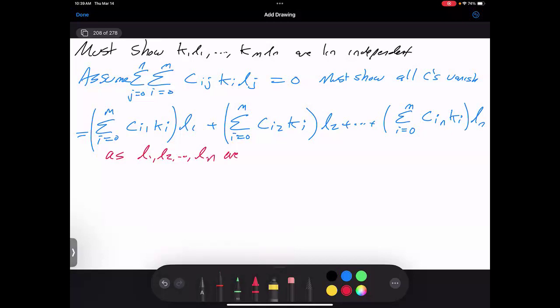Ln linearly independent, the only way a linear combination can be 0 is if each coefficient is 0.